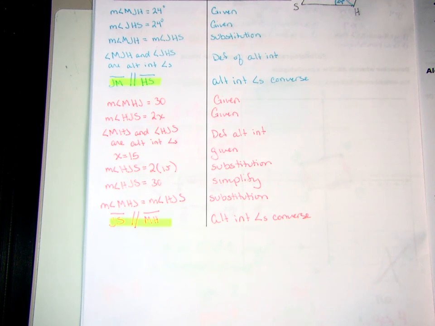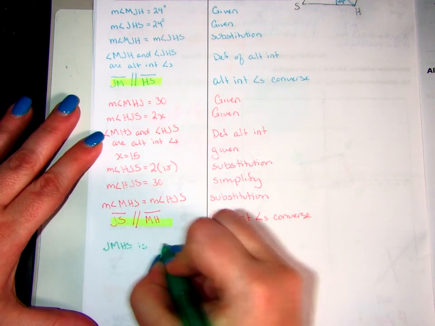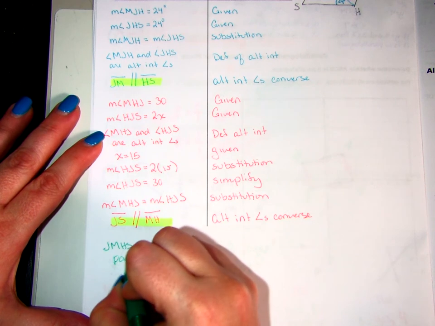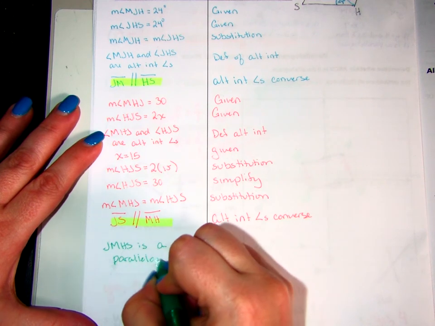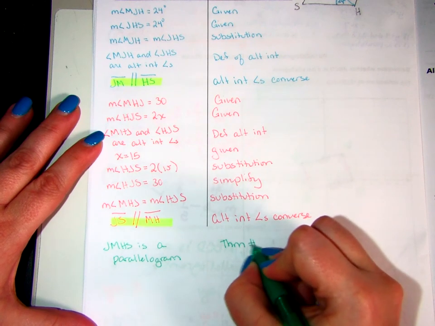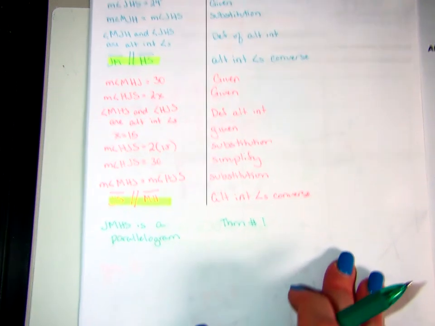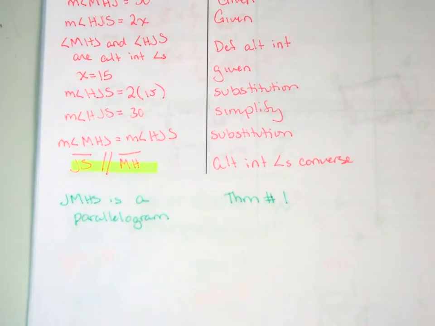So theorem 1 says I have a parallelogram. JMHS is a parallelogram by theorem number 1. Which in any other class you couldn't just put theorem number 1 over there. You'd have to put both pairs of opposite sides are parallel.